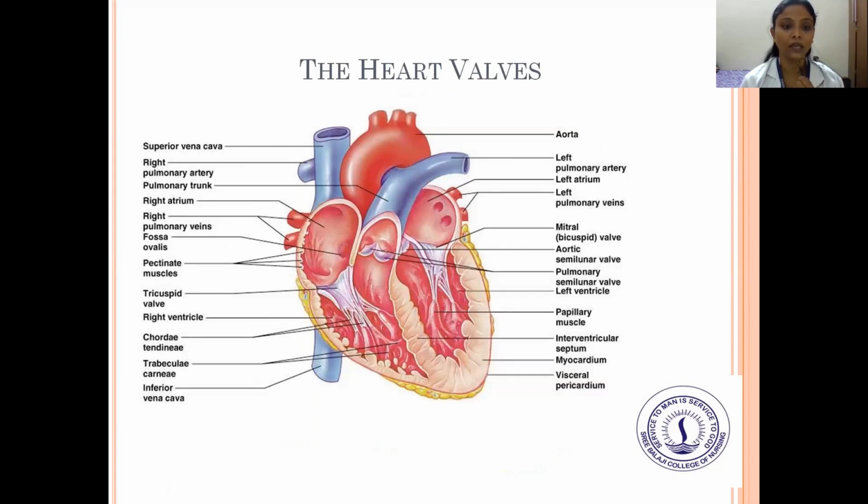All these are present. Along with the other side, there will be visceral pericardium, myocardium, interventricular septum, pulmonary semilunar valve, aortic semilunar valve, mitral cuspid valve, left pulmonary vein, aorta, and left pulmonary artery.